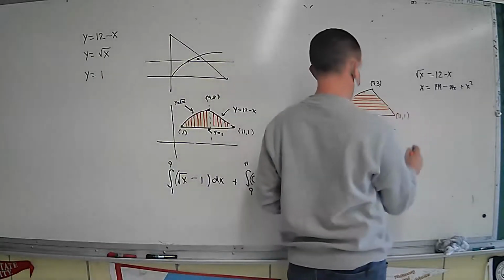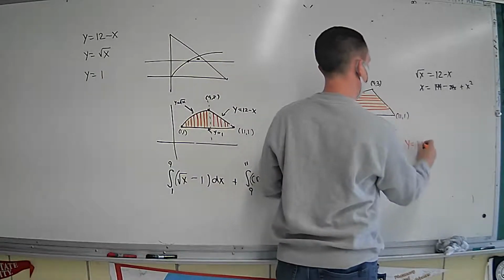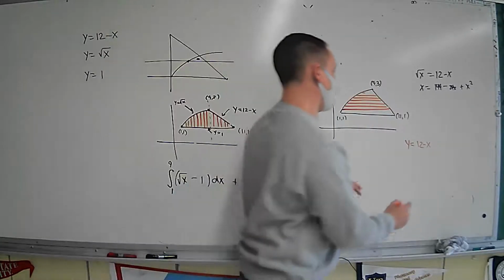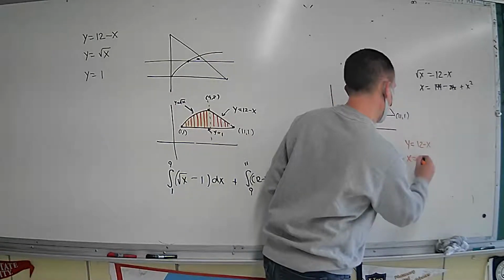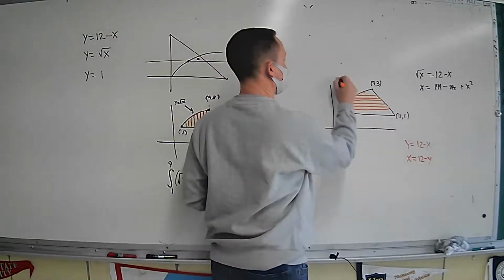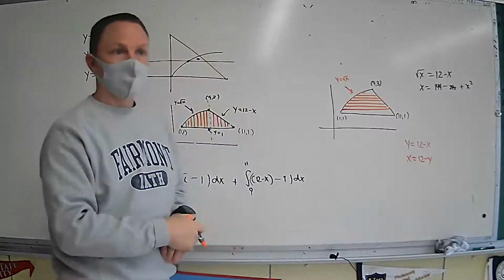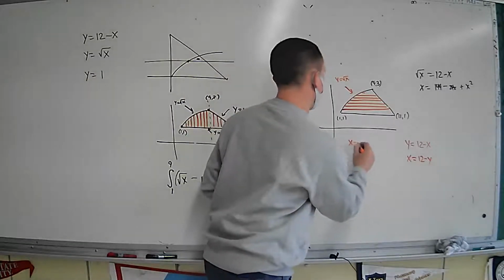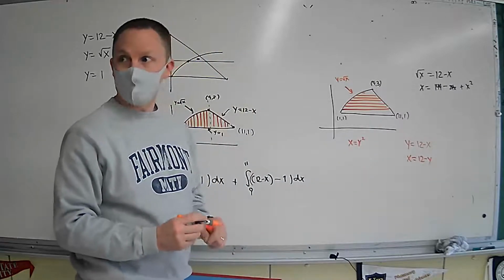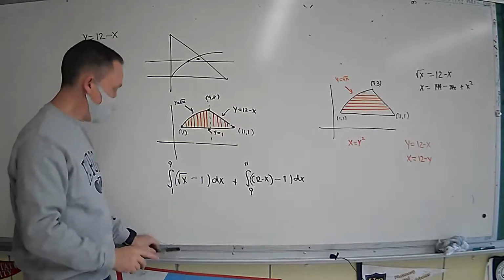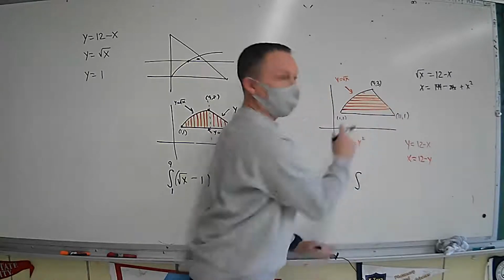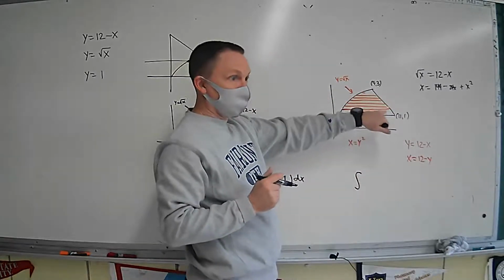So we said that this equation right here was y equals 12 minus x. Agreed? If I solve that for x, that's x equals 12 minus y, right? And we said this equation right here was y equals the square root of x. If I solve that for x, it's what? x equals y squared. Agreed? Now, I could say this area is the integral of which one's on top, Megan? The one furthest to the right.